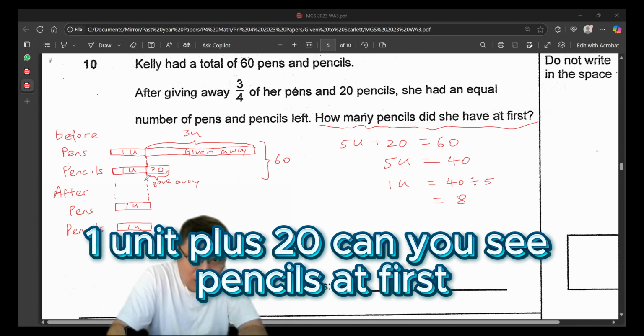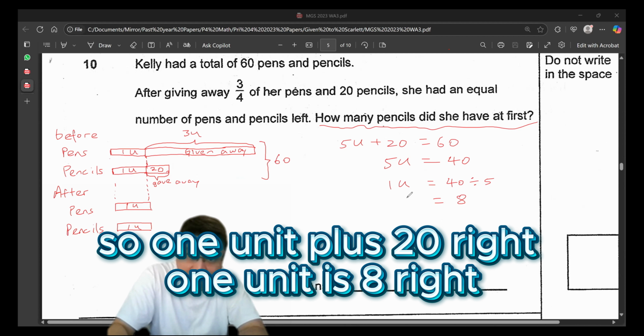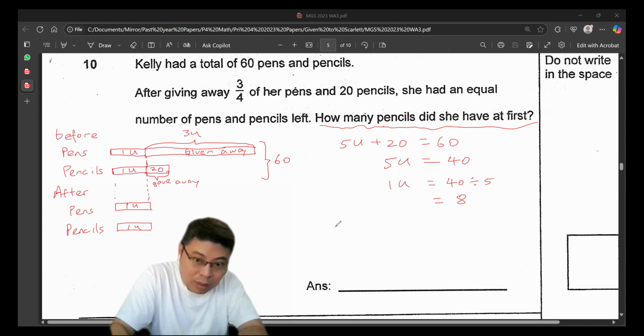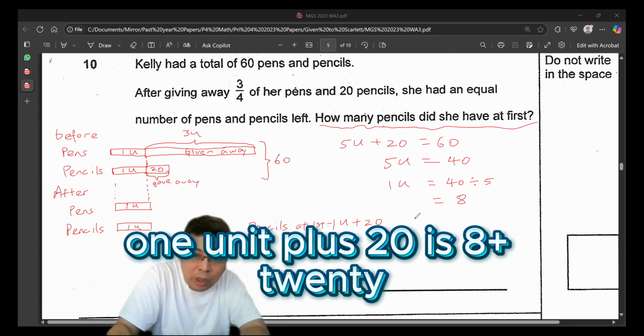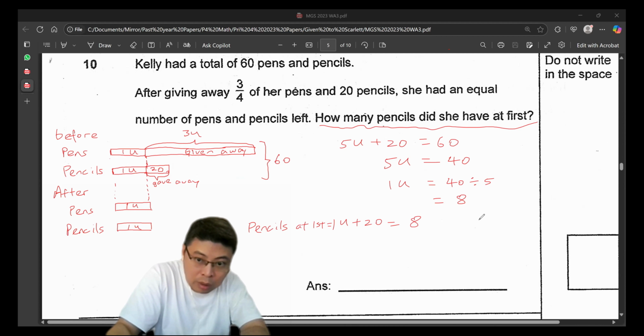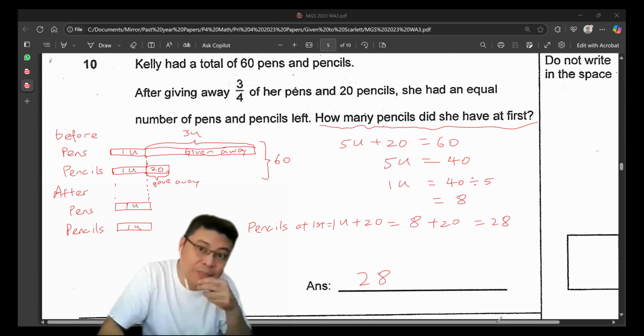Can you see? So 1 unit plus 20, right? 1 unit is 8, right? One unit plus 20 is 8 plus 20. Answer is 28. Any question?